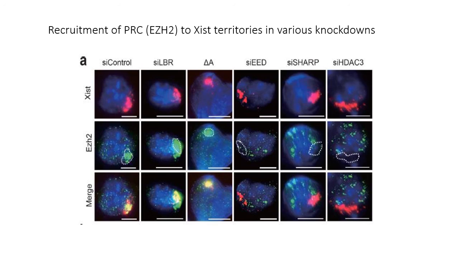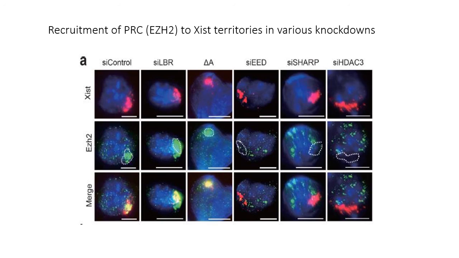install these repressive marks. Now, just for illustration purposes, on the right-hand column, we have 3 cells in which HDAC3, which is a histone deacetylase, has been silenced. We see the Xist RNA in pinky red, but then we look where the EZH2 is, and there's a conspicuous absence of EZH2 from that region of the nucleus where the Xist is localized.